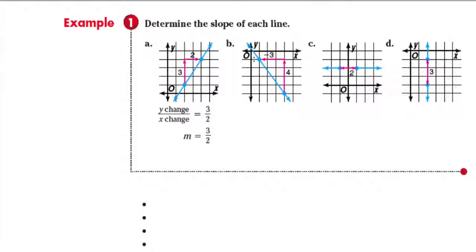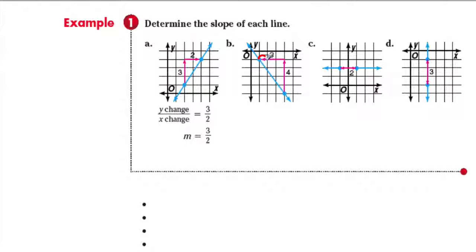So in this case, if you don't know how the units came about, you always start from one point and create a right triangle when finding the rise and the run. Let's say you start from this point right here, which is 1 and negative 1.